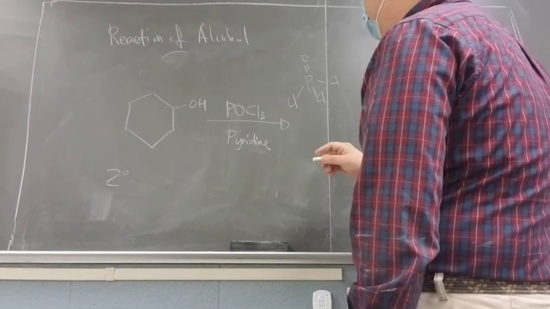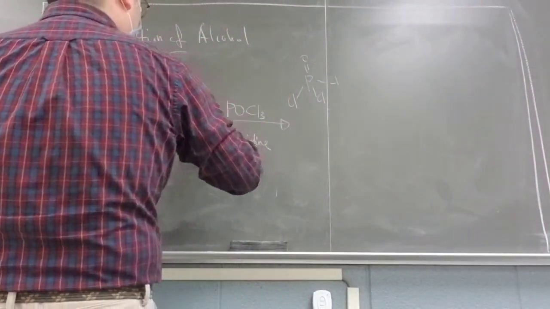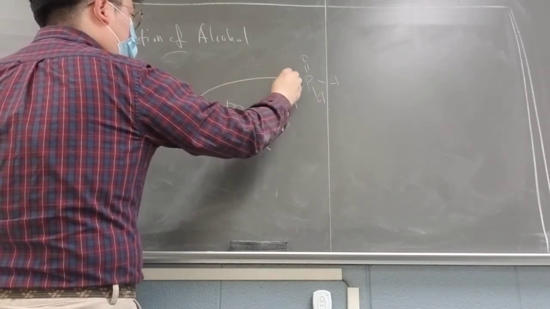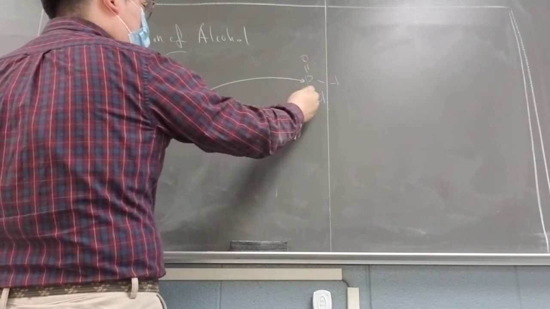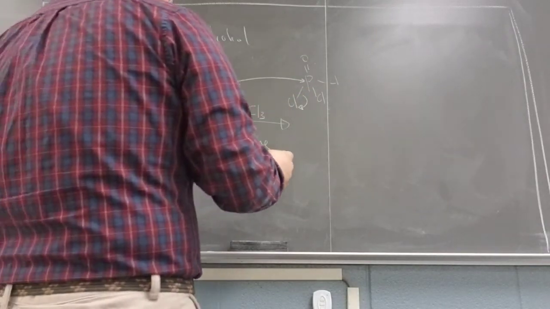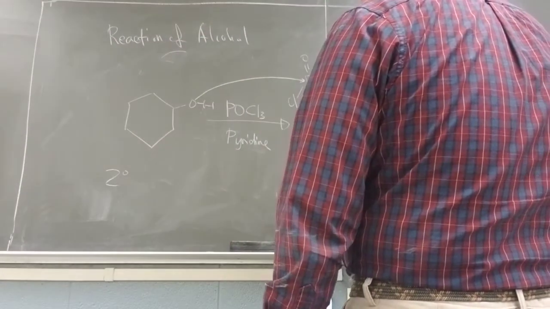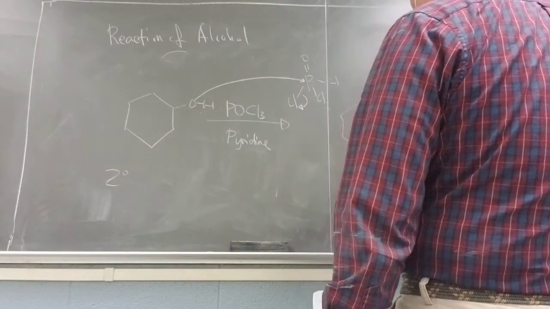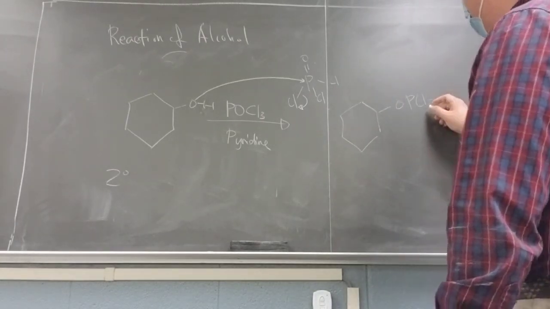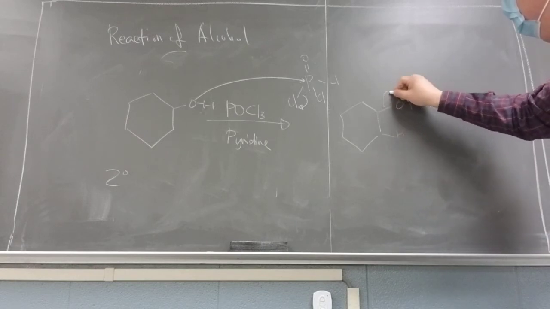And then once again they try to bond to this one over here, and this one will leave. So it leaves over here. And then once they form that one, they're going to actually also leave like this.